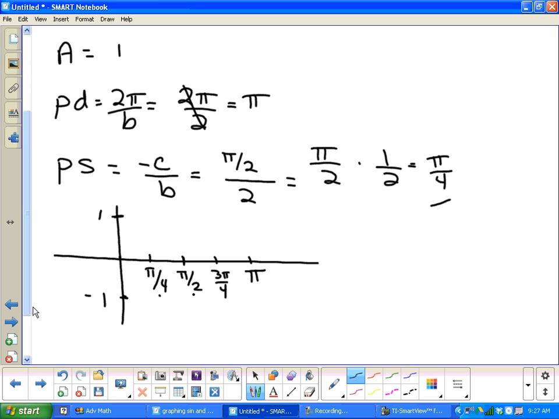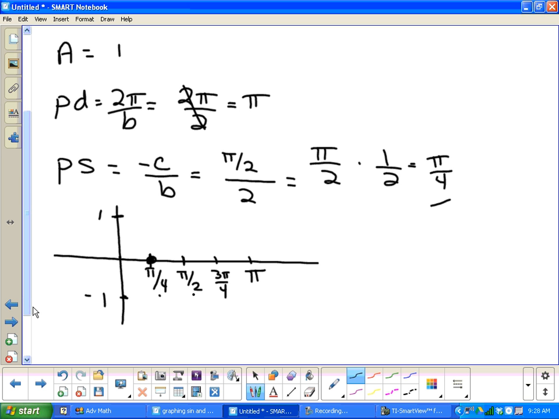So now it's going to start right here. It's like I'm going to take the sine graph and shift it over. Now, here's the thing. When I start from there, and if I go out to pi, that's not going to give me a full cycle, is it? Well, I need like 4 units to get a full cycle. So if I shift it over to the right by 1 unit, I'm going to need to add a unit to my graph. Does that make sense?